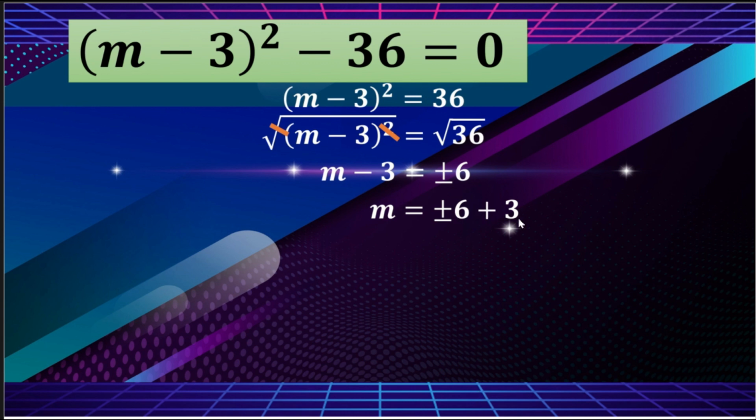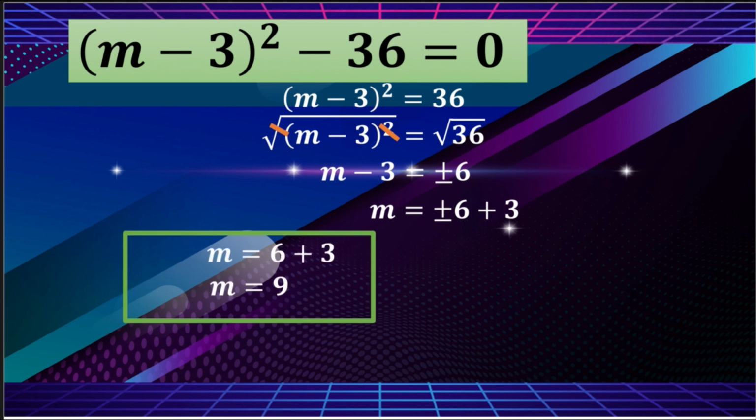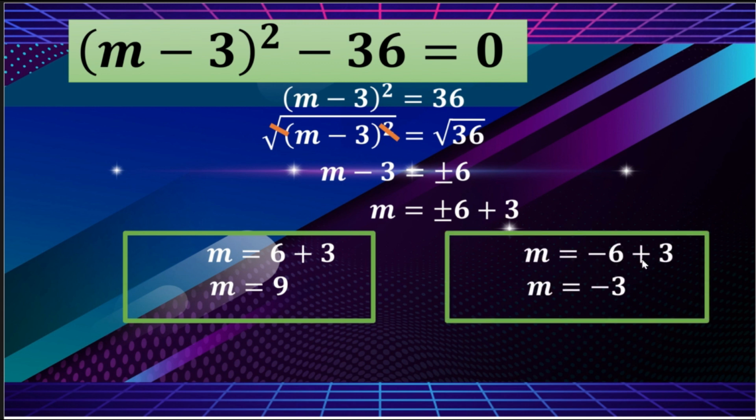Now, we cannot add these numbers because we have two signs. So, we need to separate these two signs, the positive and negative. On one side, we have positive 6 plus 3. And on the other side, we have negative 6 plus 3. So, 6 plus 3 is 9. And negative 6 plus 3, according to the law of addition and subtraction of integers, if our signs are different, then we need to subtract. 6 minus 3 is 3.